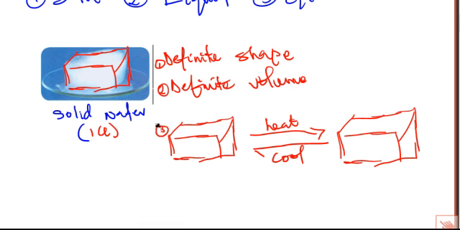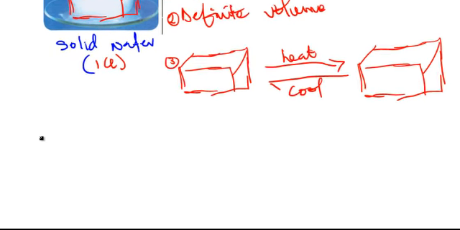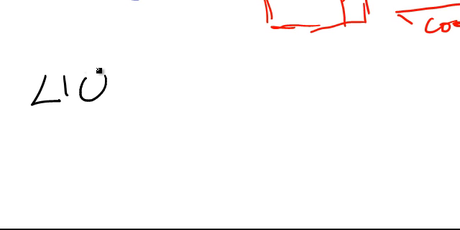We're using ice as an example. If you go down to liquid, the second state of matter, liquid. So ice in liquid form is water. I would say water is liquid.